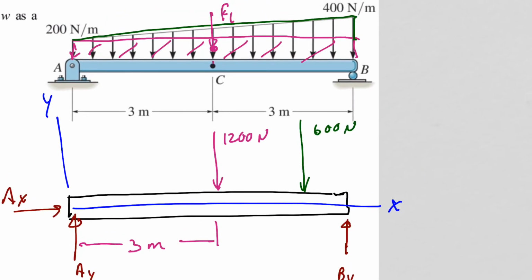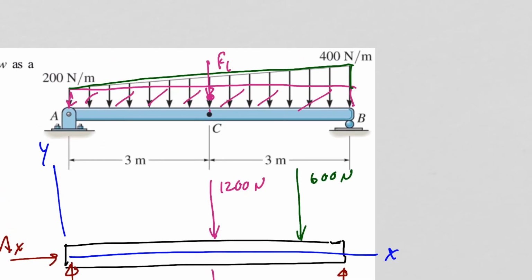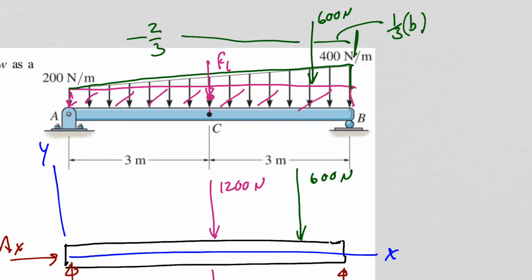For F2, it is a triangle. And this is our 600 newtons, or F2 we had. And that is 1/3 the base from one side, or we could do 2/3 to the other side of our base.